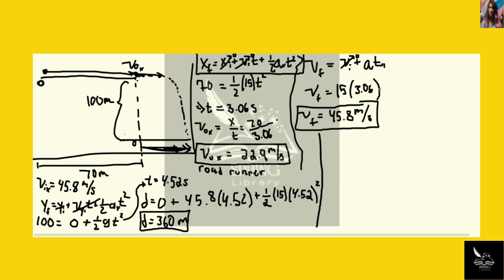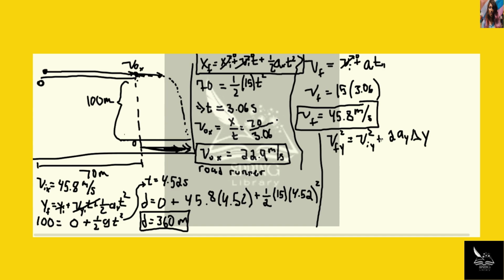We're going to use this very fancy and convenient kinematic equation: v final in the y direction squared equals v initial in the y direction squared plus 2 times the acceleration in the y direction times delta y. And what we want to do is solve for that final velocity.